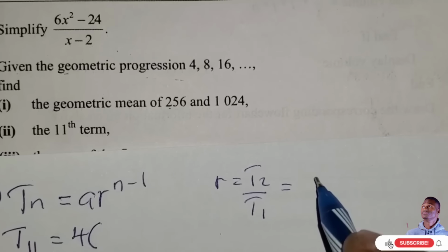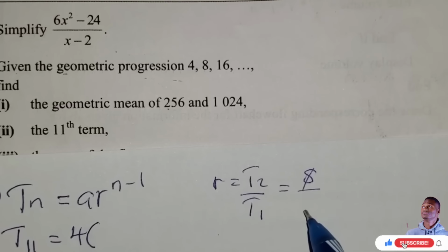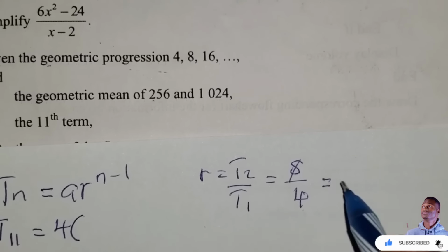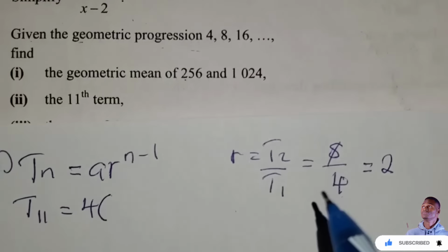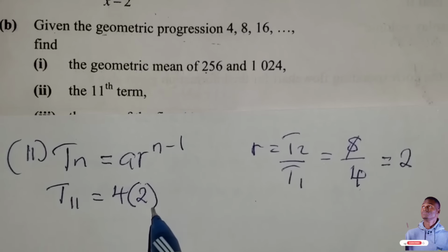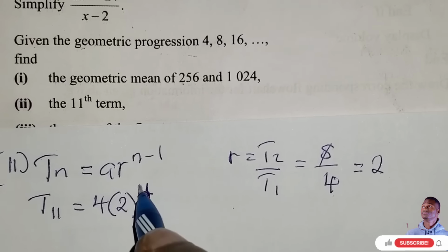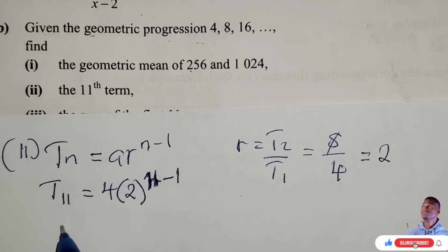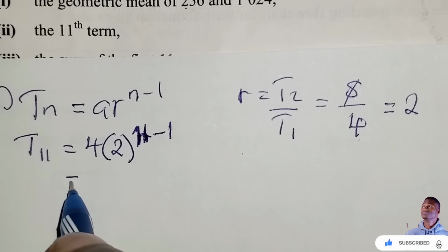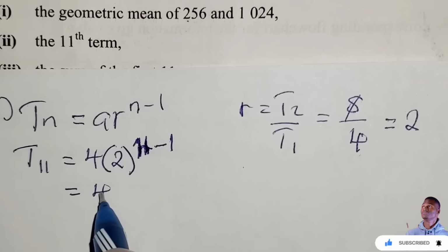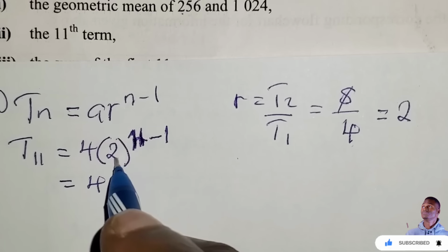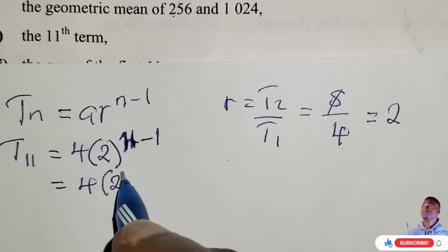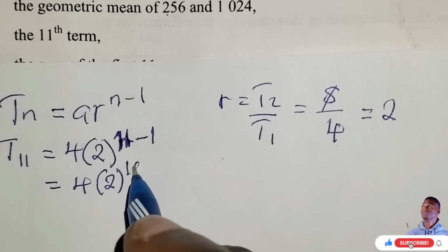T2 is 8, T1 is 4, so 8 divided by 4 is 2. So the common ratio is 2. So we substitute, 11 minus 1. You can't multiply 4 times 2 here because this 2 is raised to a power, so you just leave it as 4 times 2 to the power 10.